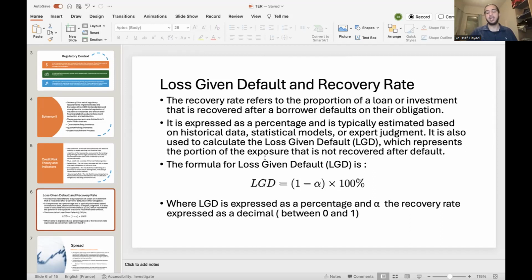So for example, if we have a 100,000 euro loan and there is a default by the borrower, and the loss given default is 20%, we won't be able to get back 20% of the payment, which is 20,000 euros, for example.